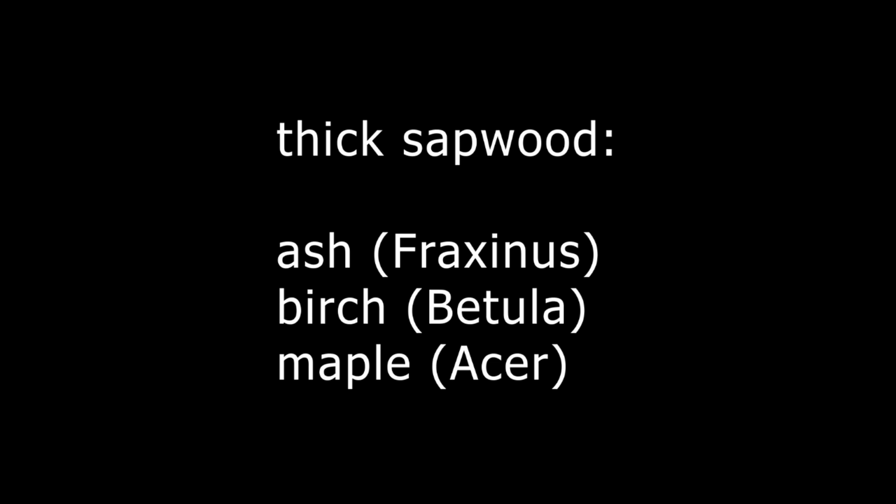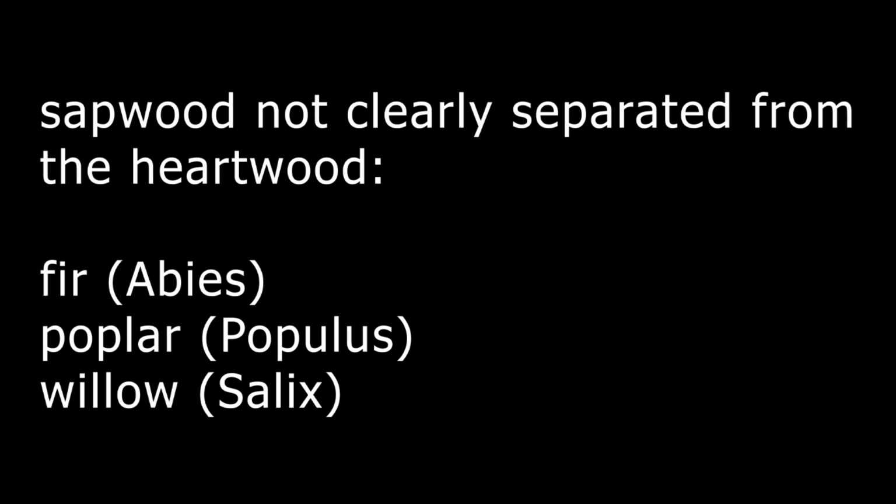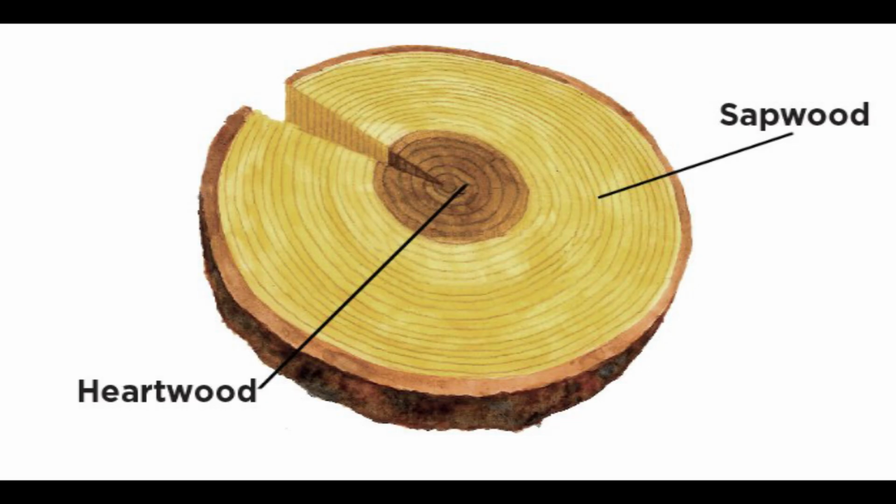Thick sapwood is found in ash, birch, and maple. Thin sapwood in white acacia and yew. And sapwood not clearly separated from the heartwood in fir, poplar, and willow. The heartwood may be colored yellow, red, dark violet, or black.